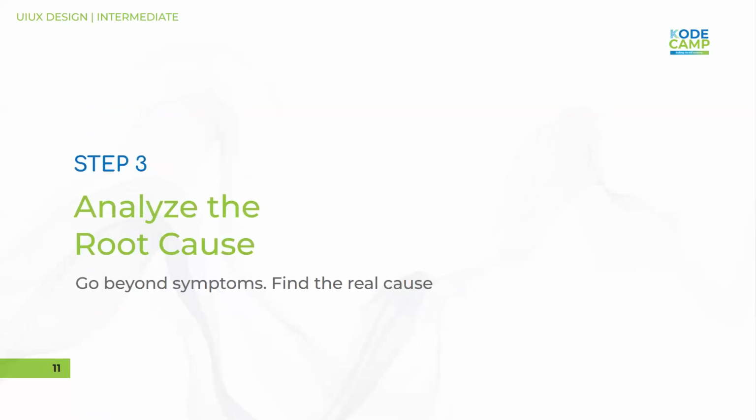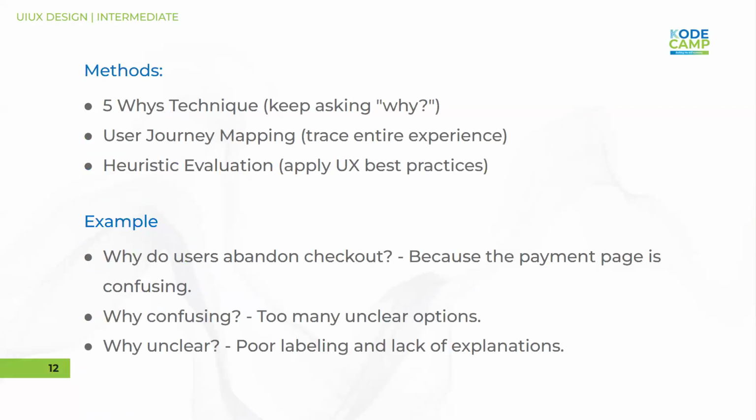So your step 3 should be analyze the root cause. When analyzing, go beyond symptoms, find the real cause. Don't just assume, dig deeper. What methods can we use for this? We have the 5 whys technique.